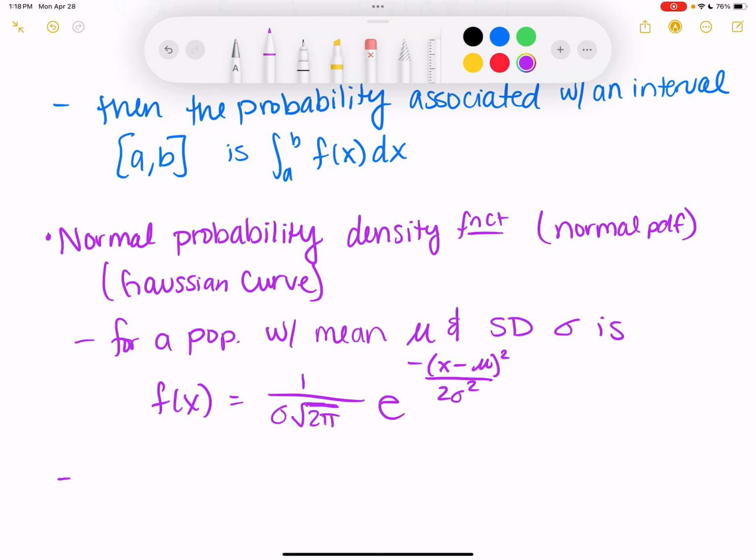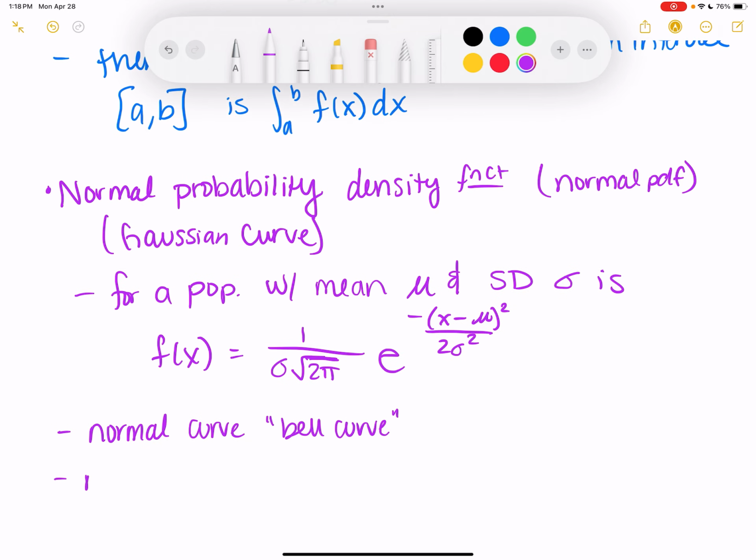Okay. Just as a refresher, a normal curve is a bell curve. The mean can be denoted average, mu or X bar. I can't spell average either.